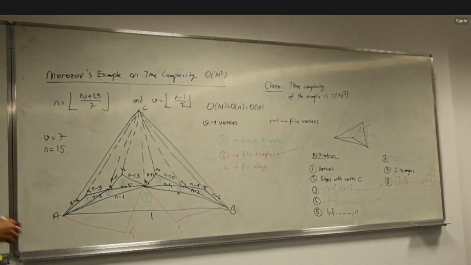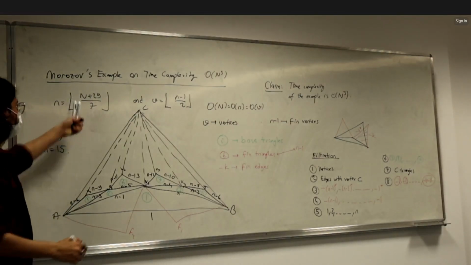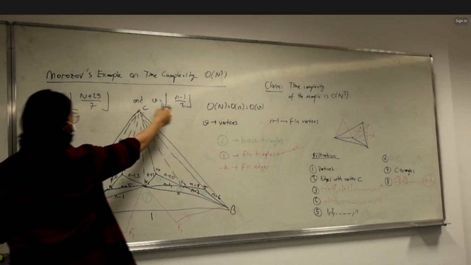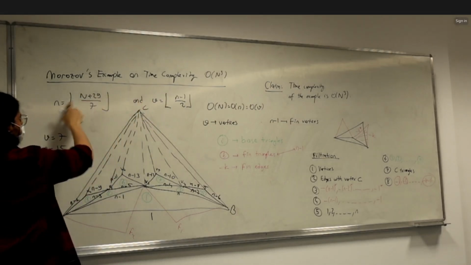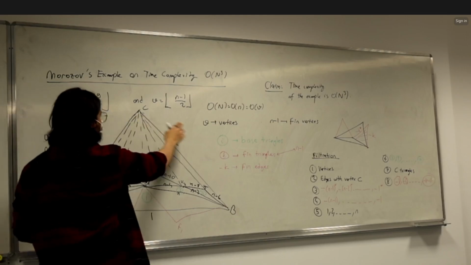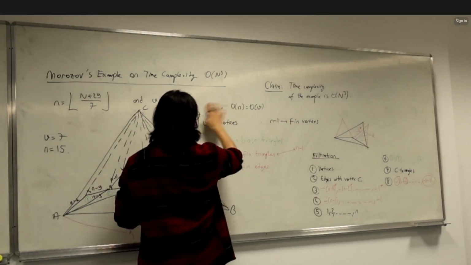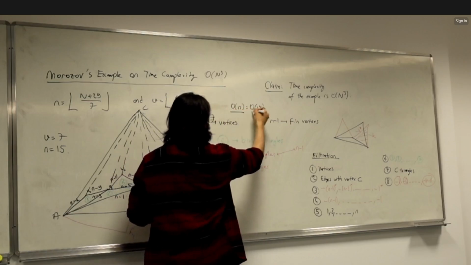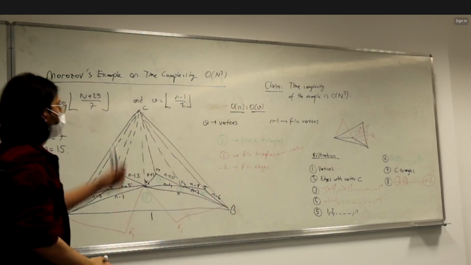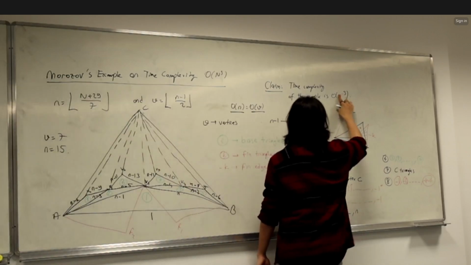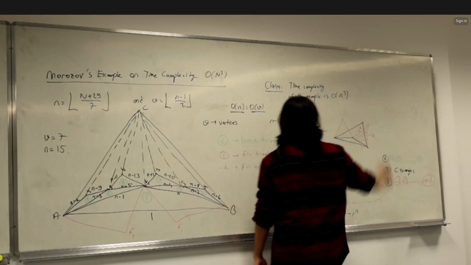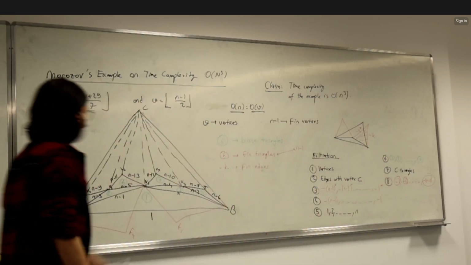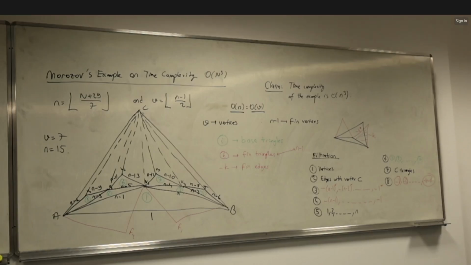Capital N puts both v and n into the parameter n, but we can also work with O(n) and O(V). Then we can prove that it's actually O(n^3) here. So first, it will be. I'm not going to draw.